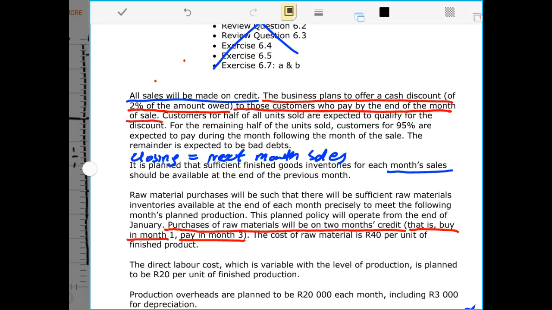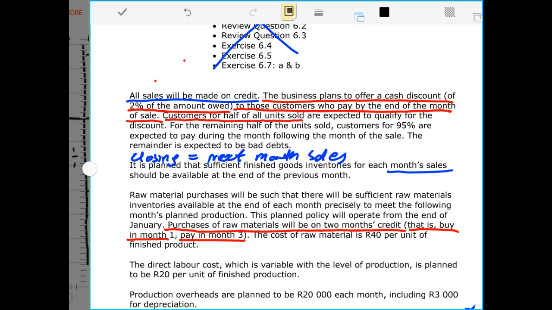That means some customers will get a discount for paying in the month of sale. However, they further told us that customers for half of all the units sold are expected to qualify for the discount. That means only half of the sales will be paid in the month of sale, and that half will be entitled to a discount of 2%.